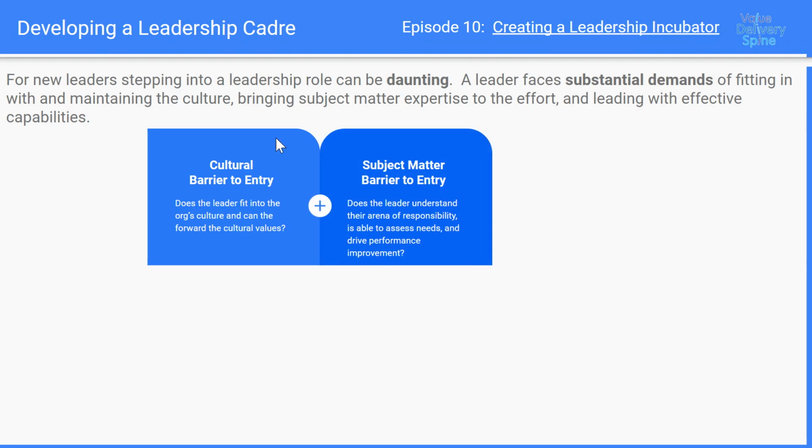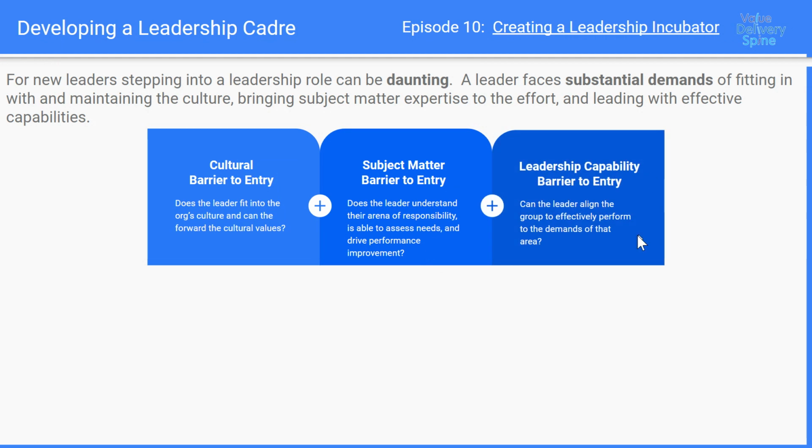Second is, are they subject matter experts? Do they have enough subject matter expertise in order to be an effective leader in that arena? And then finally, you need to develop those leadership capabilities themselves. We've just talked about the various qualities that we need to have, and you want to be able to develop those in yourself and other leaders as well.